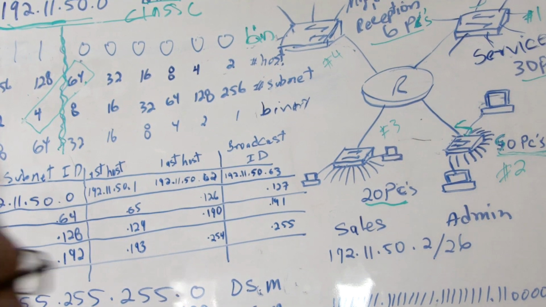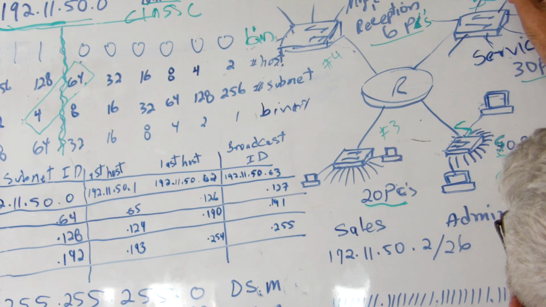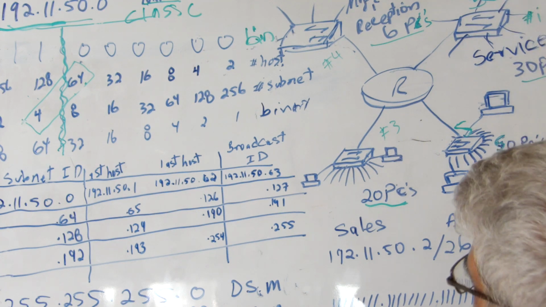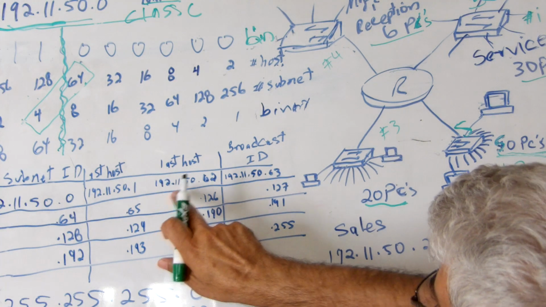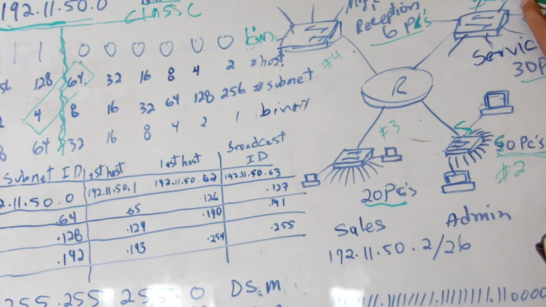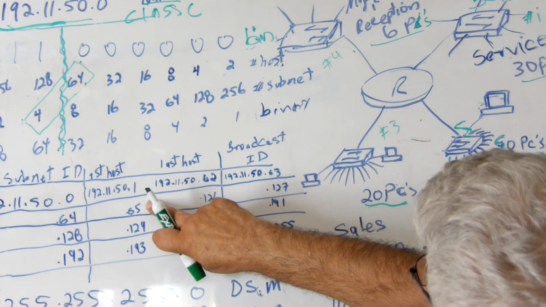So what is happening here? The first computer here, or host, and a host could be any device that sends and receives information. There are 30 of them. So it actually starts from 192.11.50, and you ignore this one, which we keep for the gateway.